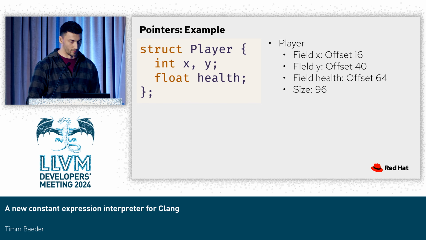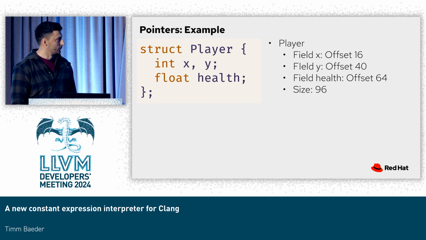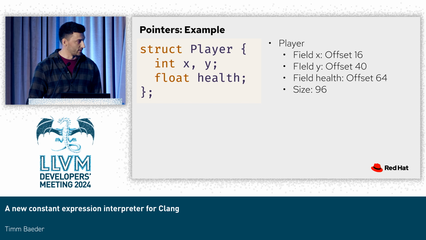The same is true for y, of course. The 4 bytes of the actual integer are then followed by 4 bytes of padding. And for the float field, we end up at offset 64, remember that. And the size is, in this case, 32, which is the size of APFloat. Like for floats, we also use APFloat.